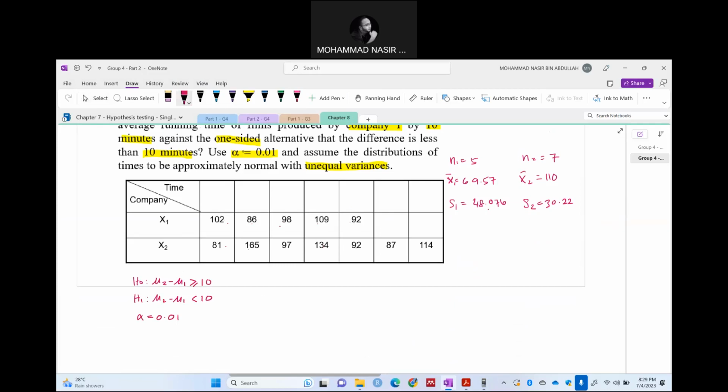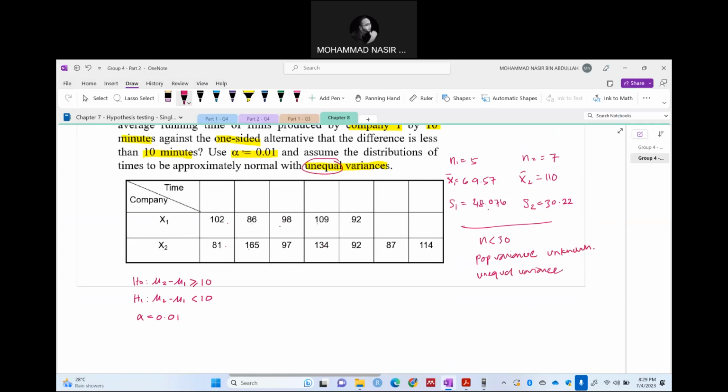So in this condition, n is less than 30, population variance unknown, right? So from here, we already know that we're going to use t distribution, but another condition we have is unequal variance.